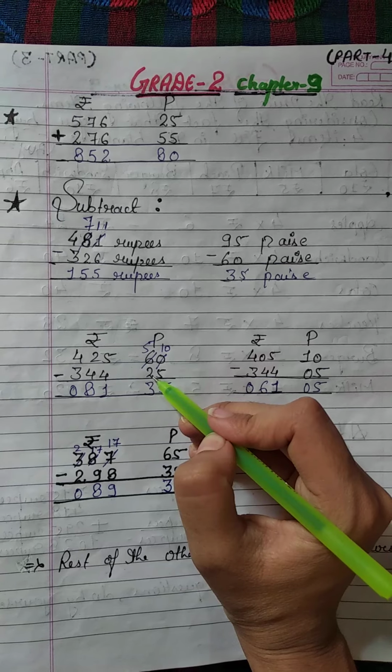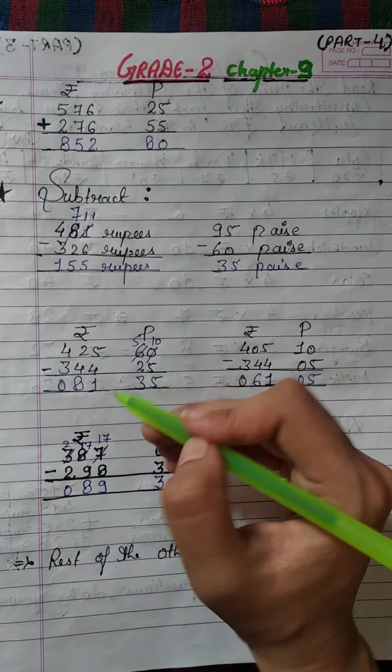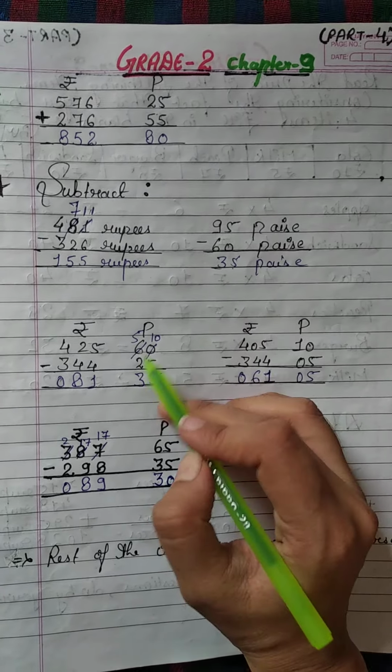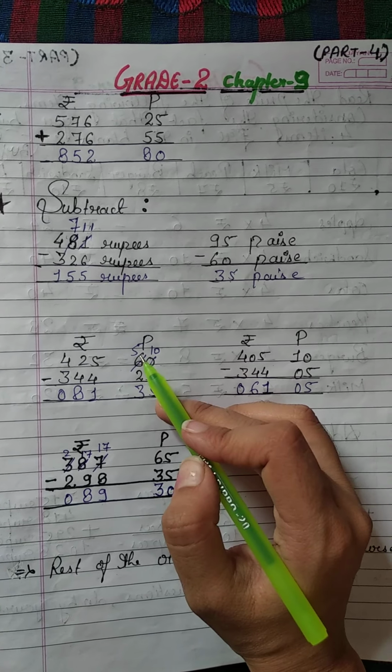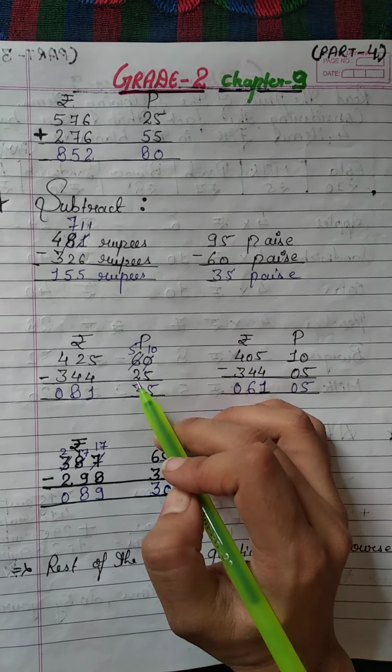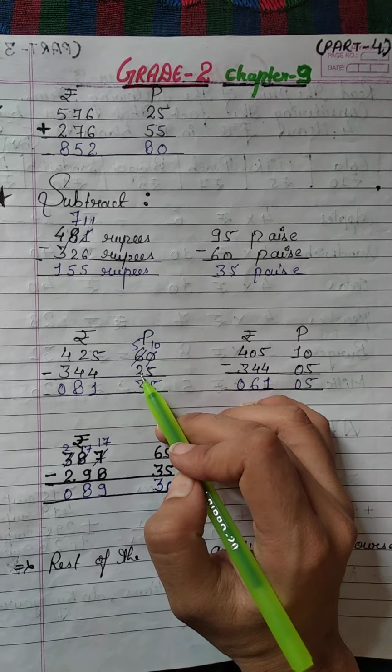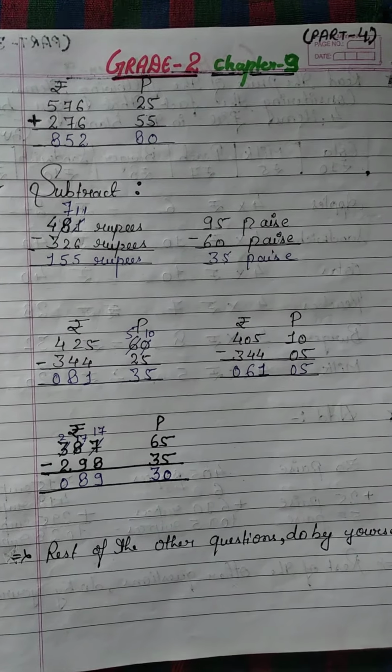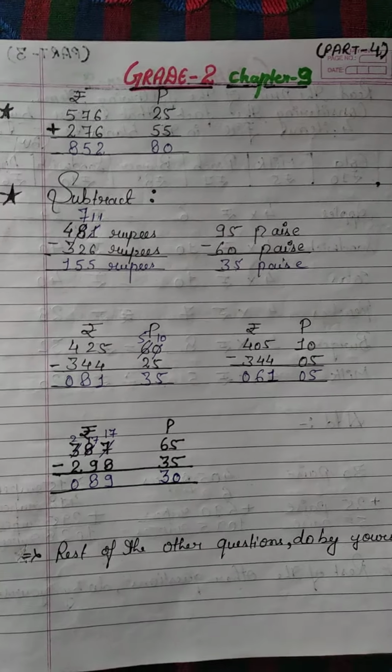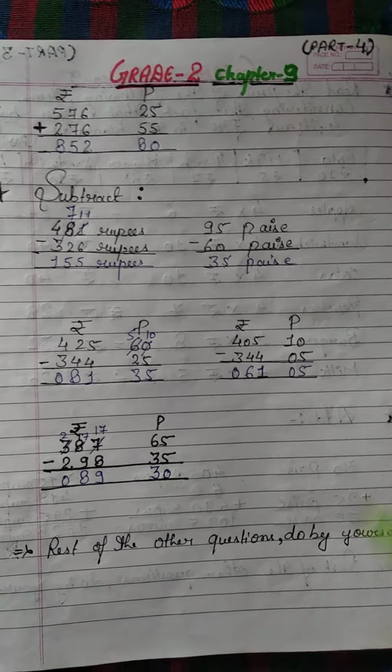So 5 minus 2, what will come? So you have to again do the forward counting after 2, because we have to subtract 2. We do the forward counting by that number which we have to subtract.